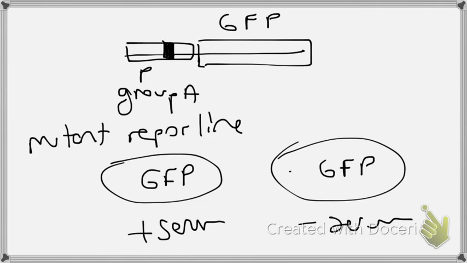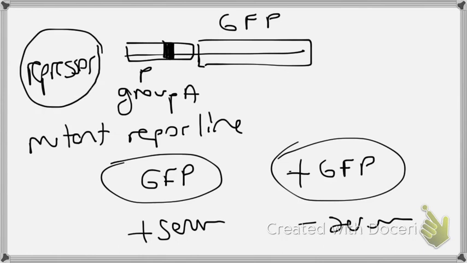Yes, because this is the site of a repressor, right? Our hypothesis is that the repressor is binding to this site, and it is doing that whenever you add the serum. So in the minus serum condition, there is no repressor, and the expression of this reporter is going to be just fine.